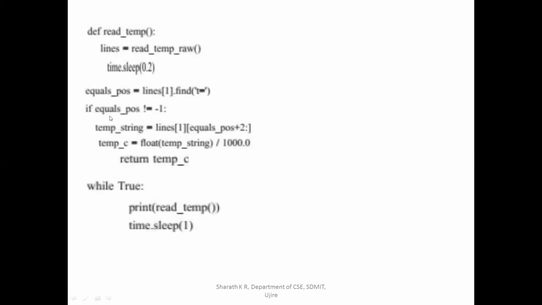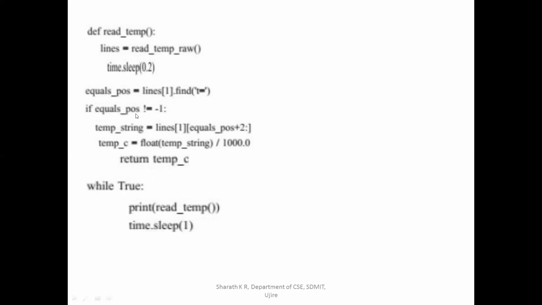Now let's see how to access that second line temperature data. For that, we'll try to find the index position of where t= is found. For that, we use the find function in Python, which returns the index where t= is found. As you can see, t= is found in the second line. Therefore, we are accessing only the second line, that is lines[1]. So lines[1].find('t=') returns the corresponding index, and this index is stored in a variable called equals_position.